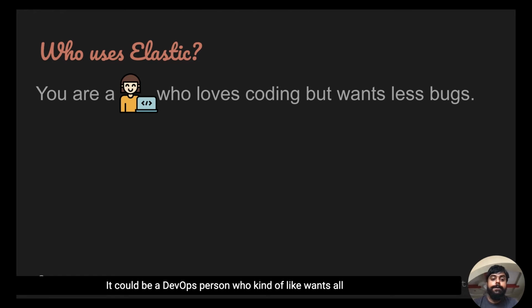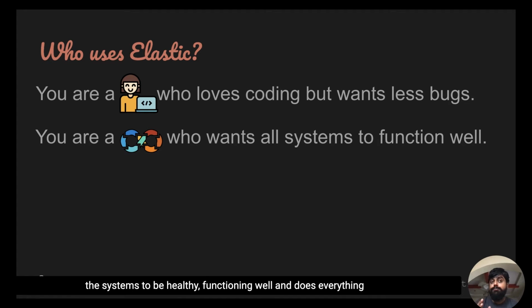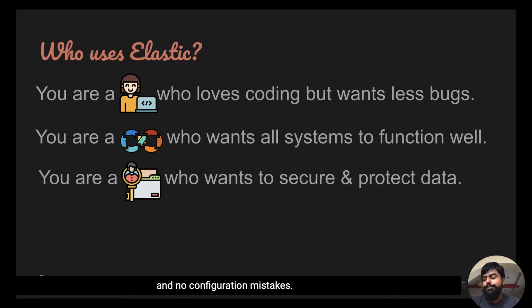It could be a DevOps person who wants all the systems to be healthy and functioning well, automated, with everything properly processed and no configuration mistakes. It could be a SecOps person who is looking after network security, system security, or any sort of security, but also wants to monitor the security events coming out of them.